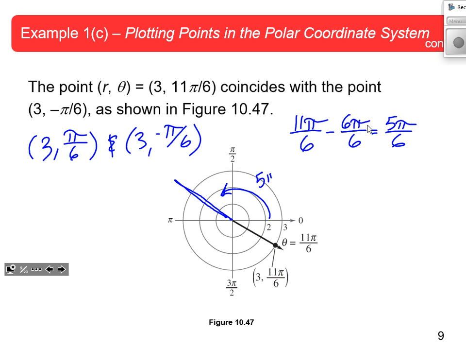So this angle here would be considered 5 pi over 6, yes? Now, we can use this angle to actually describe this same point down here. But I have to change the 3 in a way that it'll work. So what can we do? Take a random guess. What can I do to the 3?